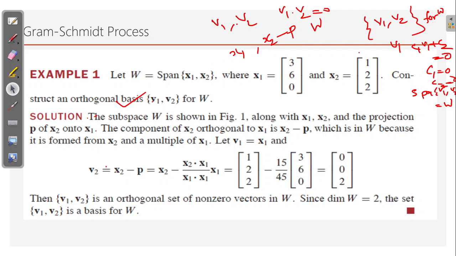So v1 equals x1 and v2 equals x2 minus p.